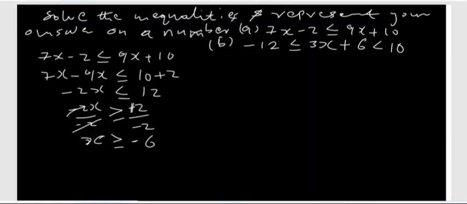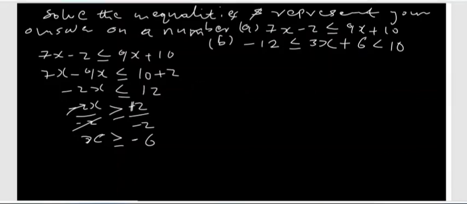So to represent this on a number line, this is a number line now. Maybe here is my 0, here can be my minus 6, maybe here is 2. Our interest is x is greater than or equal to minus 6.